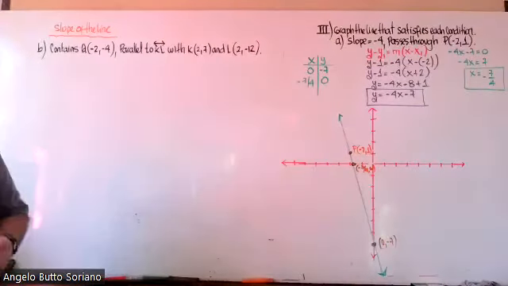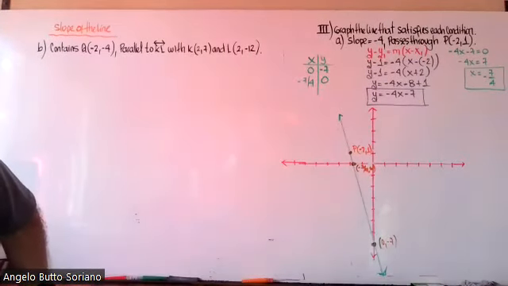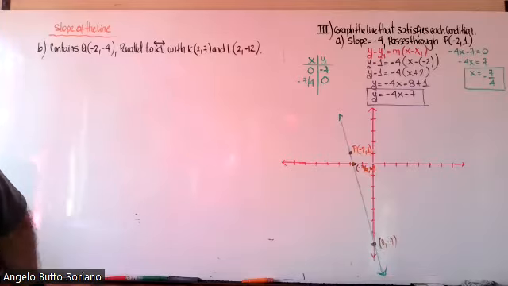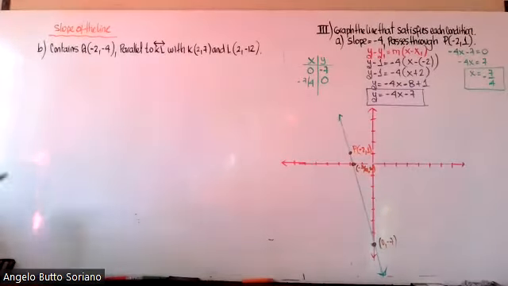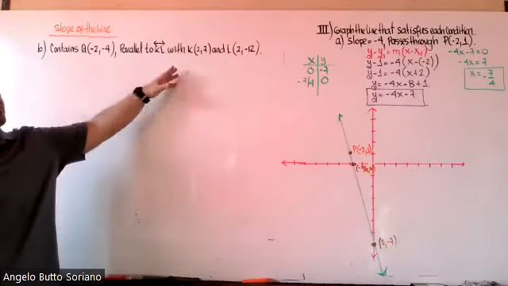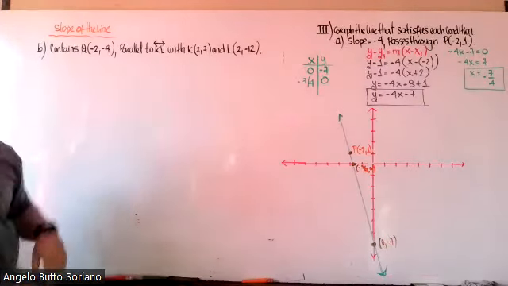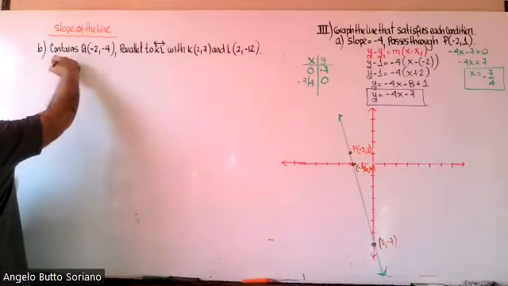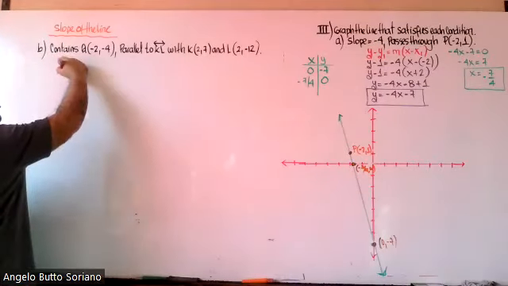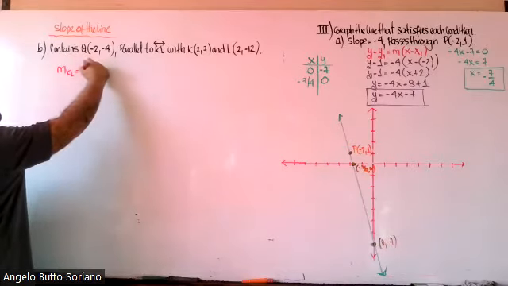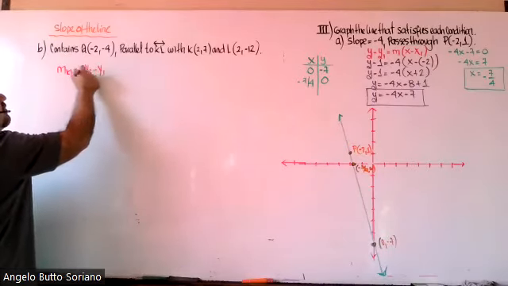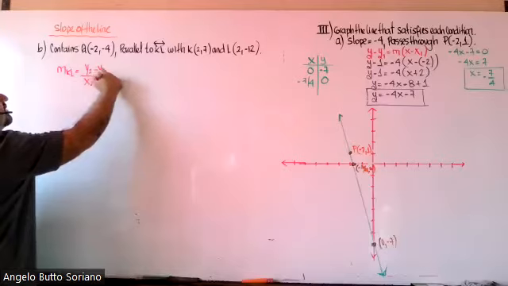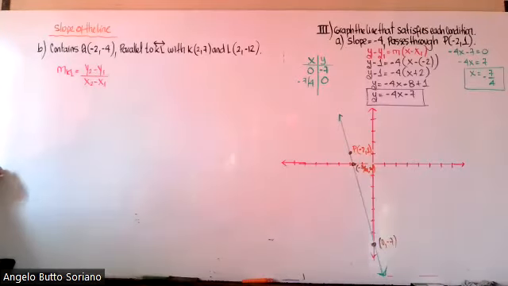Okay, interesting point. Because in this situation, the problem says this is going to be parallel. So basically, step number one, we must look for the slope of the line KL. Remember, the formula is y2 minus y1 over x2 minus x1.